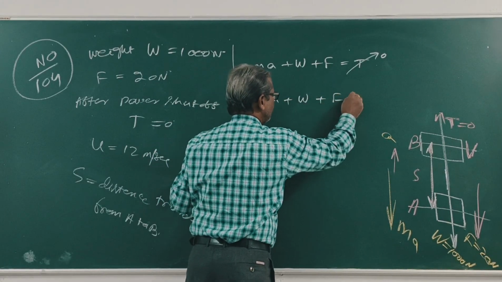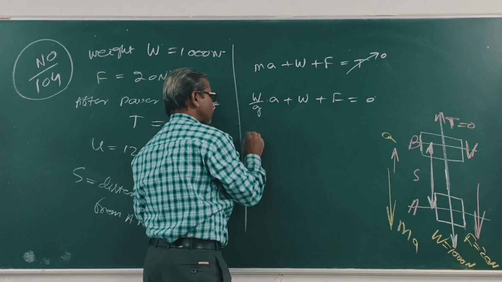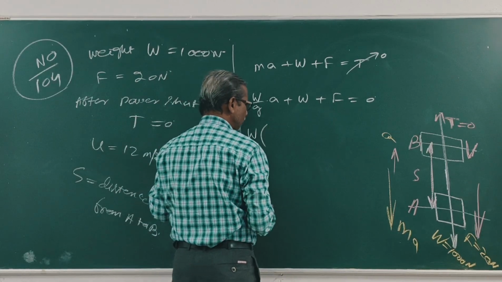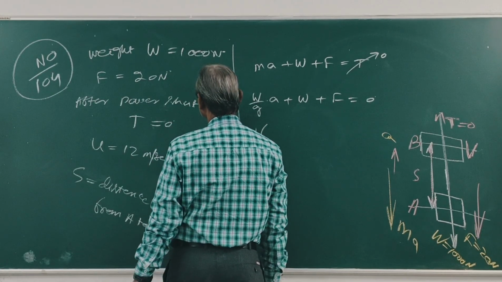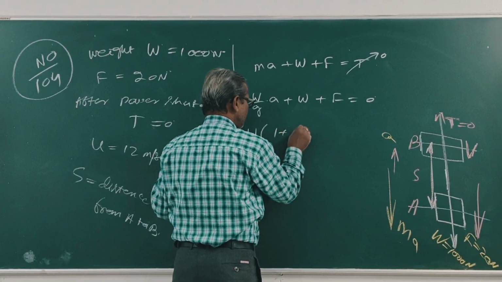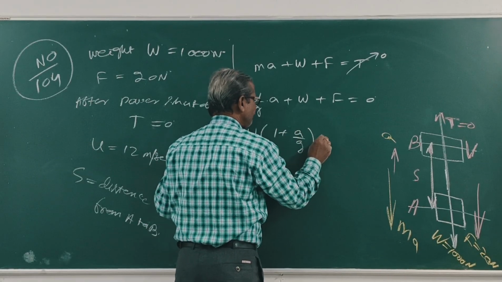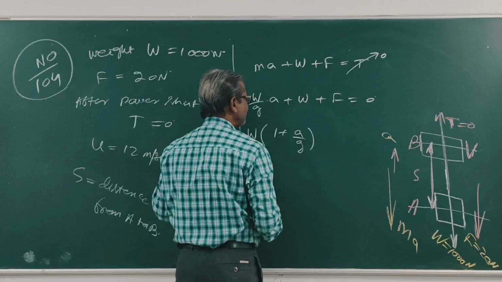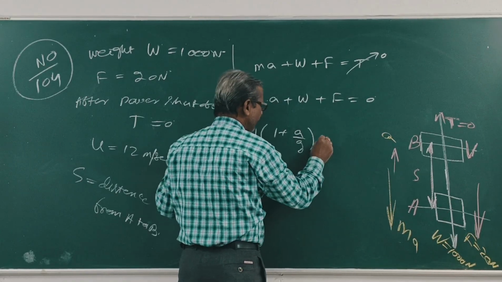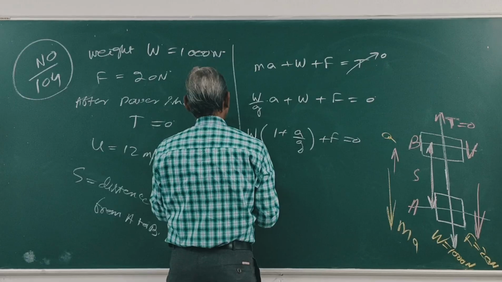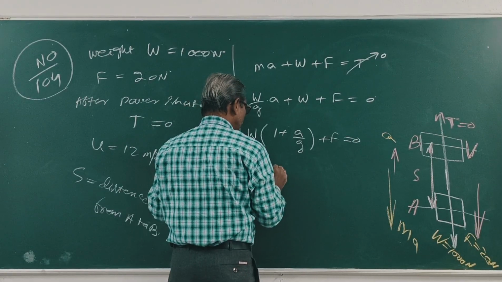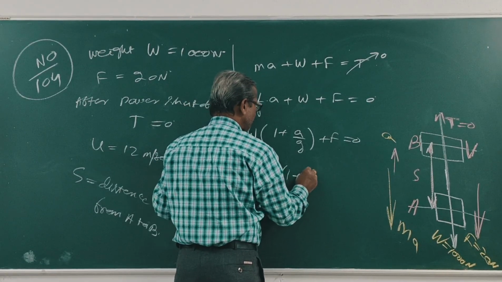So W into 1 plus A by G plus F is 0. W is 1000. 1000 into 1 plus A by 10 plus F, which is 20, is equal to 0.